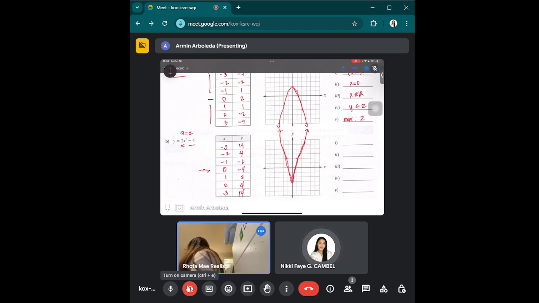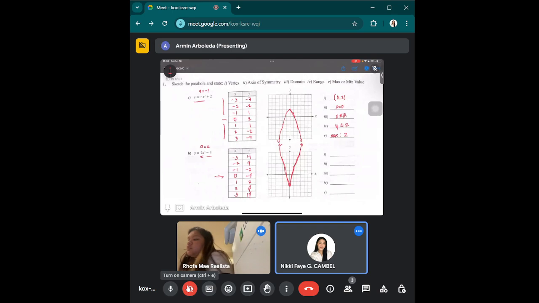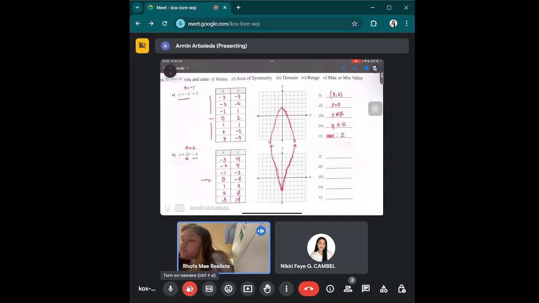So, what's gonna be our vertex? 0 and -4. How about our axis of symmetry? X equals 0. Our domain? All real numbers. How about our range?